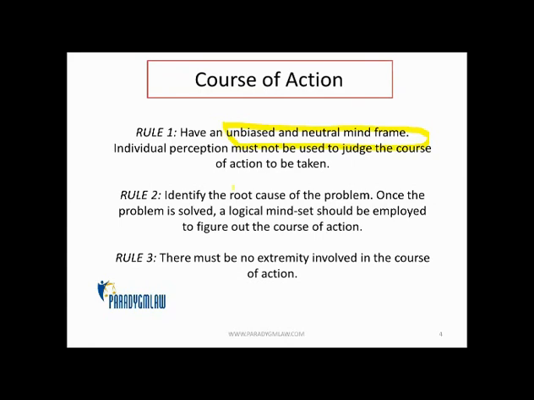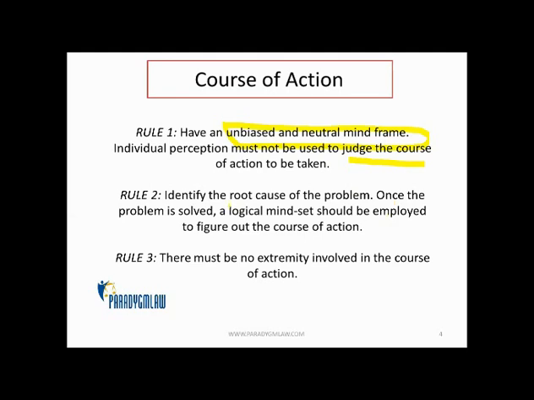So what that means is, you don't bring your personal bias, you don't get swayed by the given statement, or change your mind based on different courses of action that's got to be followed, right? And importantly, don't judge the course of action that has to be taken, because at an administrative level you have certain limitations. You don't have the freedom that as an individual you would usually have.